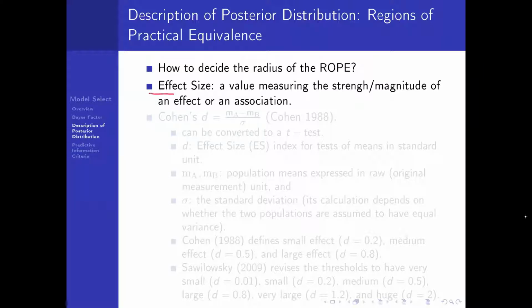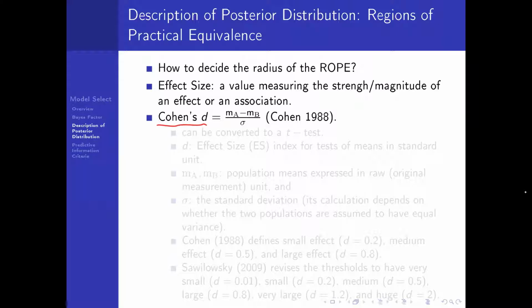So what is effect size? Effect size, basically, is a value measuring the strength or magnitude of an effect or an association, okay? So to talk about effect size, I need to cover Cohen's d.